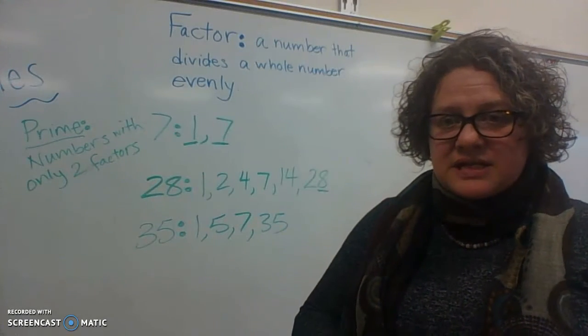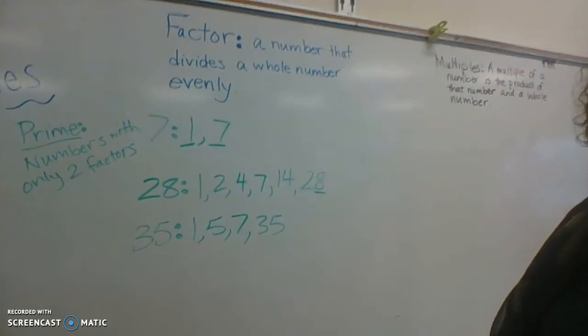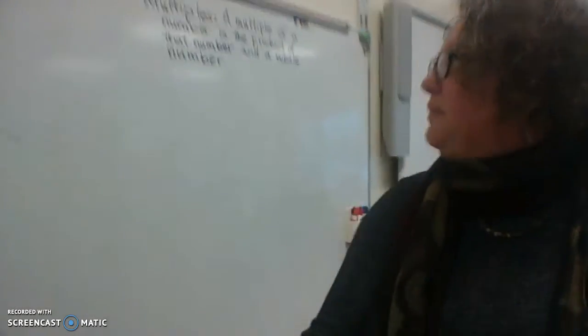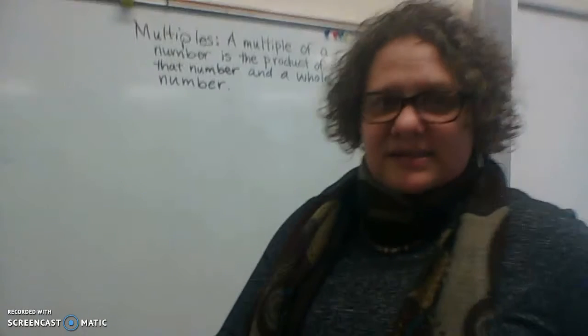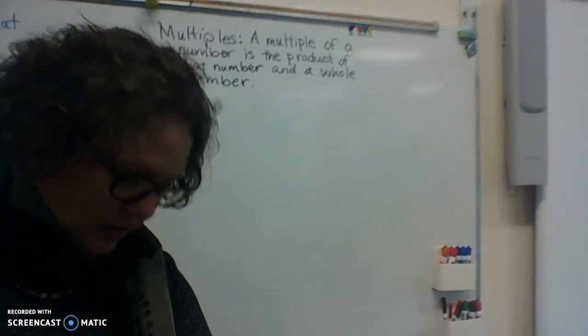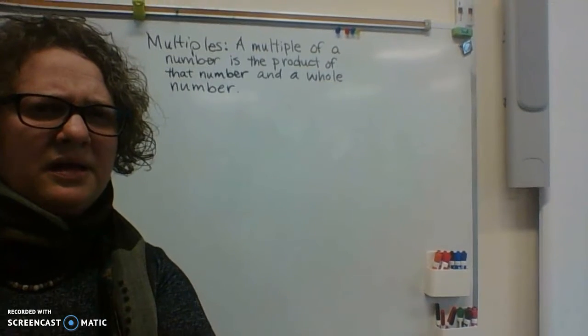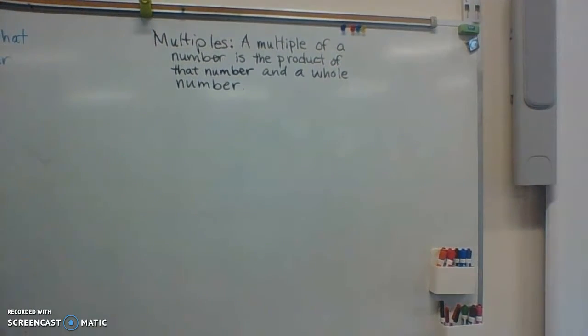Okay? So the next part of the lesson is going to be to look at what multiples are. Let's come on over here, and you guys can pause the video and write this down. A multiple of a number is the product of that number and a whole number, okay?